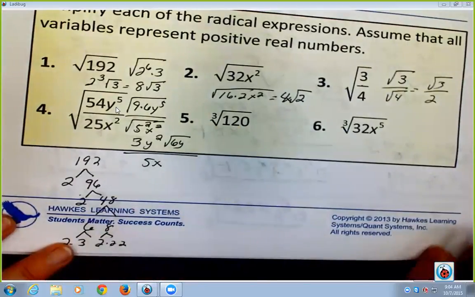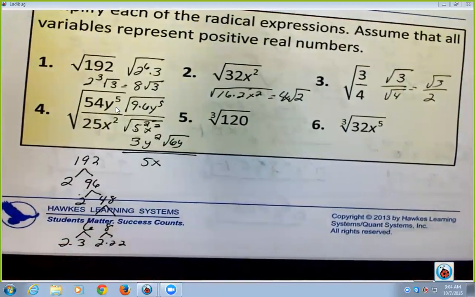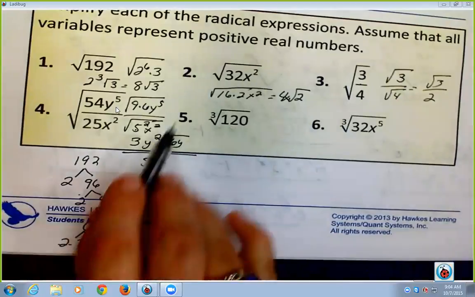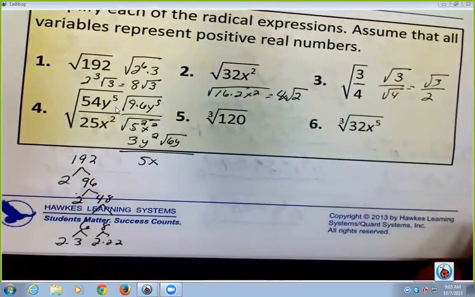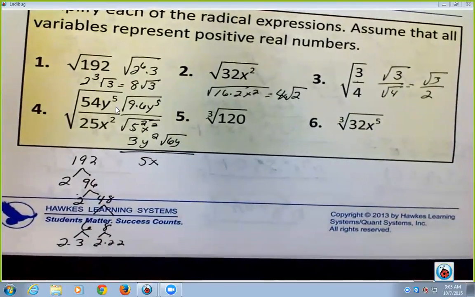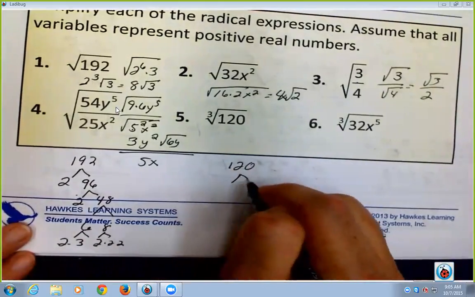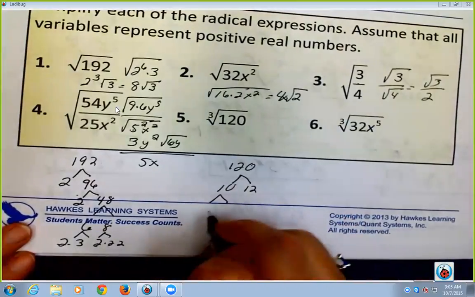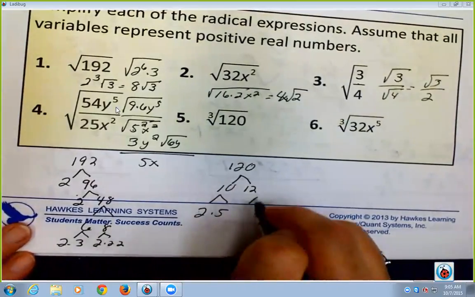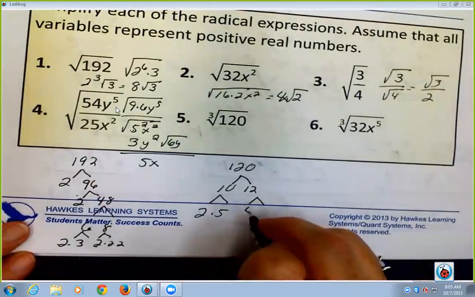This one, what happens to 120? See what you get. What can come out of 120? But we've got a cube root. So this time I need to do a cube root of that one. So I'm looking for 3 things I can pull out. And again, if you can use that prime factorization, sometimes it helps you.